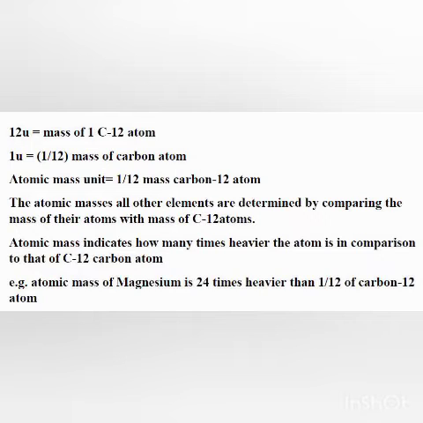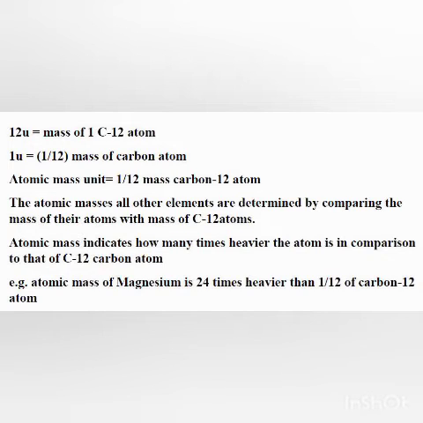That is equal to 1/12th mass of a carbon atom. Now the atomic masses of all the elements are determined by comparing the mass of their atoms with 1 by 12th of the mass of a C12 carbon atom.